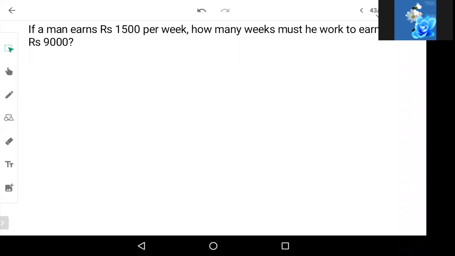Whenever there is a comparison between two things that is given, that is usually the proportion which we are supposed to be using.